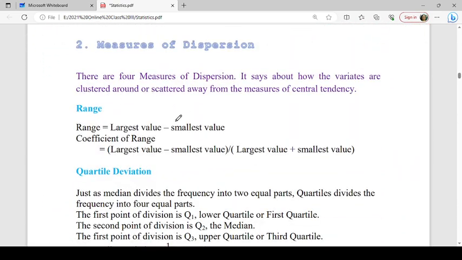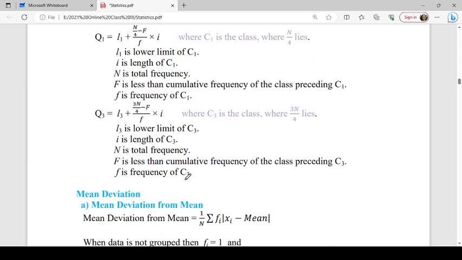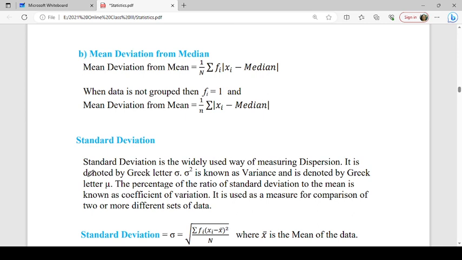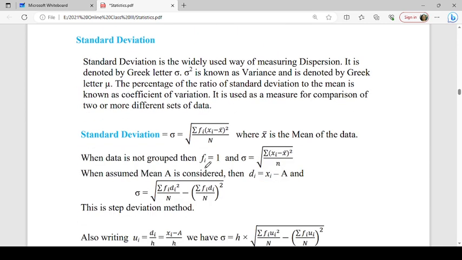Next come measures of dispersion. So measures of dispersion are range, quartile deviation, mean deviation. Two mean deviations are there: mean deviation from mean and mean deviation from median, and then standard deviation. So 4 measures are there.